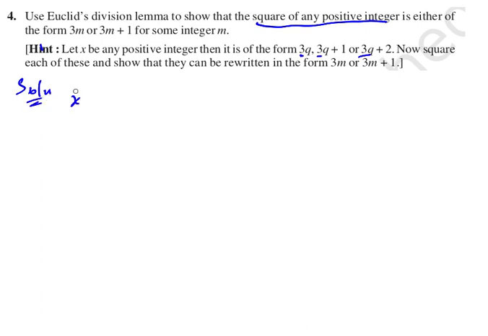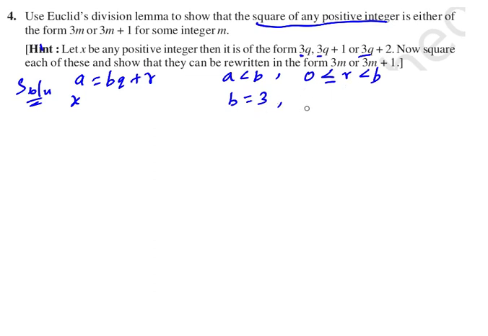x can be written, according to Euclid's division lemma, as a equal to bq plus r. So, according to the given hint, in the place of a, we can put x. And in the place of b, we have 3. So, b equal to 3. And according to Euclid's division lemma, the range of r is 0 less than or equal to r less than b.